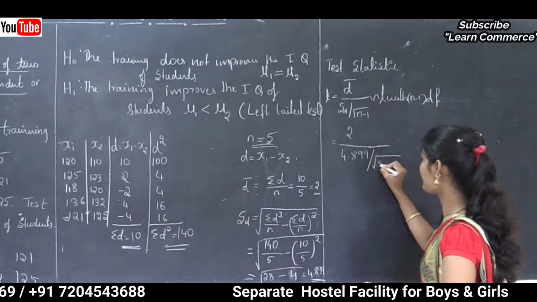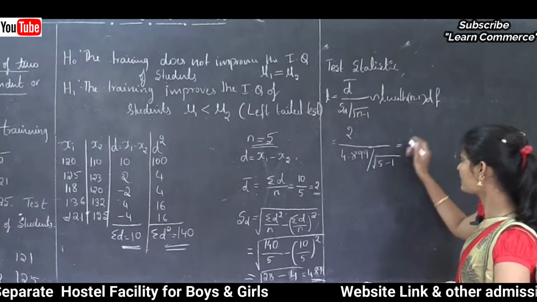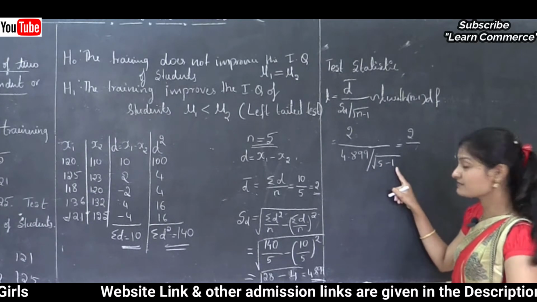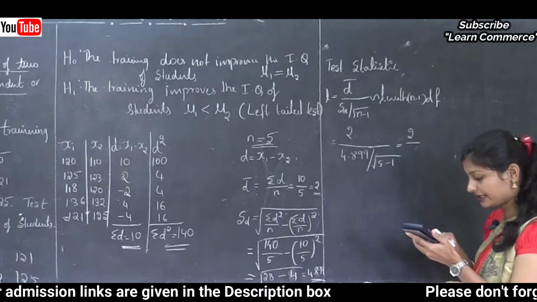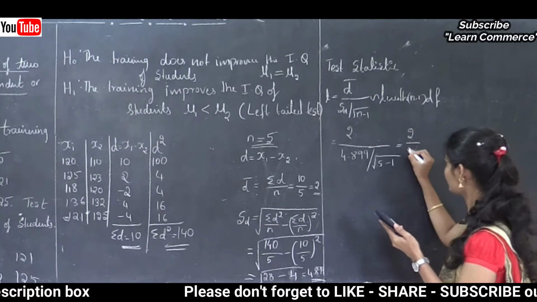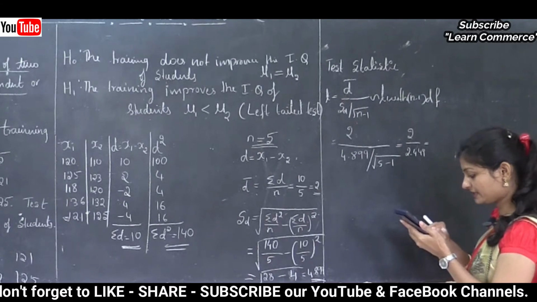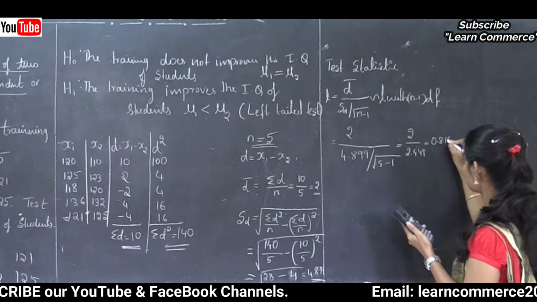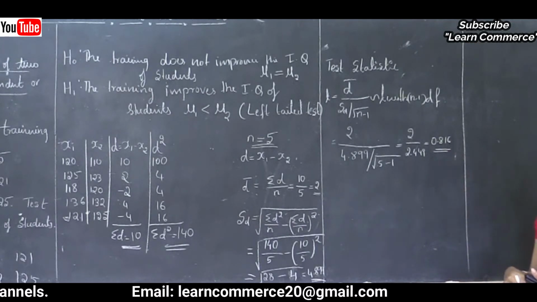Here n is 5, minus 1 is 4, and the square root of 4 is 2. So 4.899 divided by 2 is 2.449. Then 2 divided by 2.449 is 0.816. So here the calculated value is 0.816.